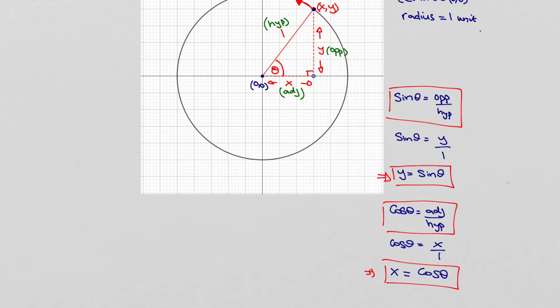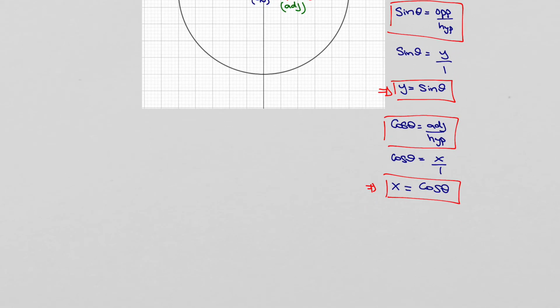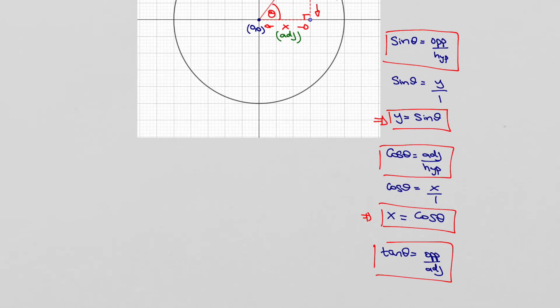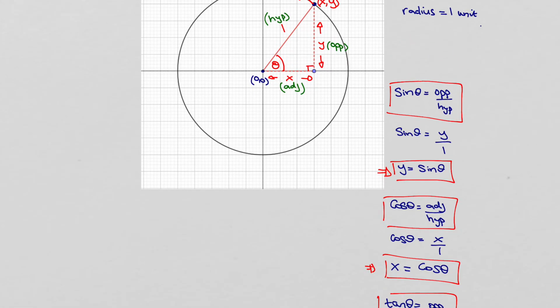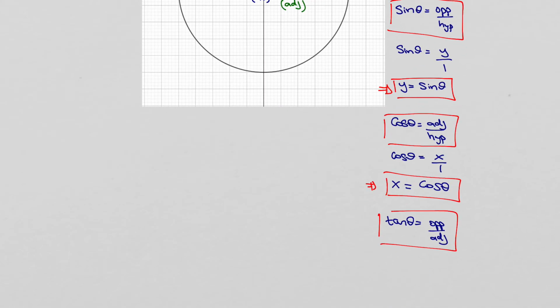Now another one to note then is the relationship between both sine and cos. So I can say, well, I know tan theta is the opposite over the adjacent. And of course, if I go up and have a look at what the opposite and the adjacent are in this right angle triangle, well, I can see the opposite is the y and the adjacent is x.